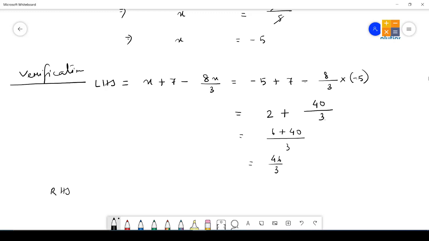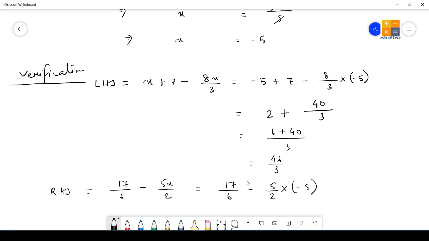Coming to the right hand side, what do I get? 17 by 6 minus 5x by 2. So in place of x again, I have to put the value of minus 5. So let us check what we get: 17 by 6 minus 5 by 2 into minus 5.